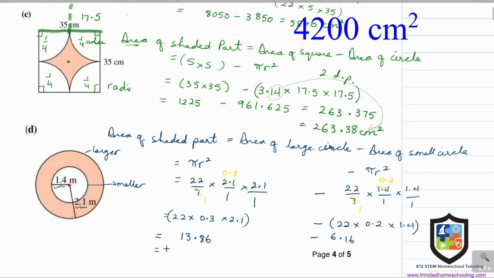And when we subtract, you will get 7.7 centimeters. Oh, it's not centimeters, right? It's meters squared. So 7.7 meters squared. Always check back your original question and make sure your units are correct.